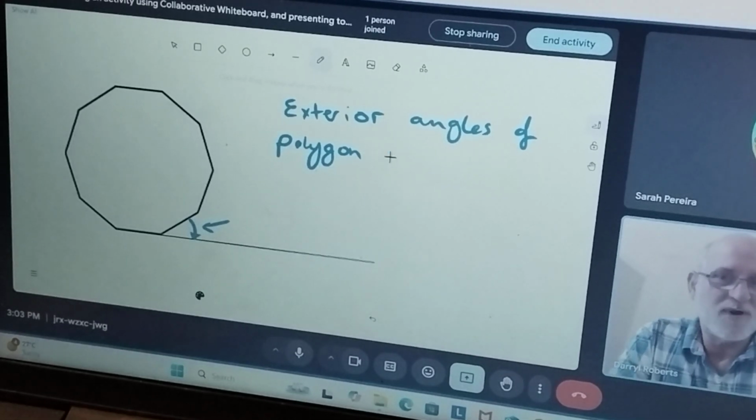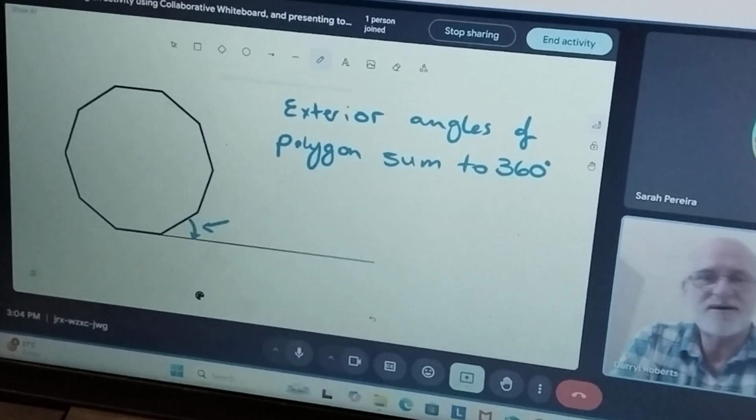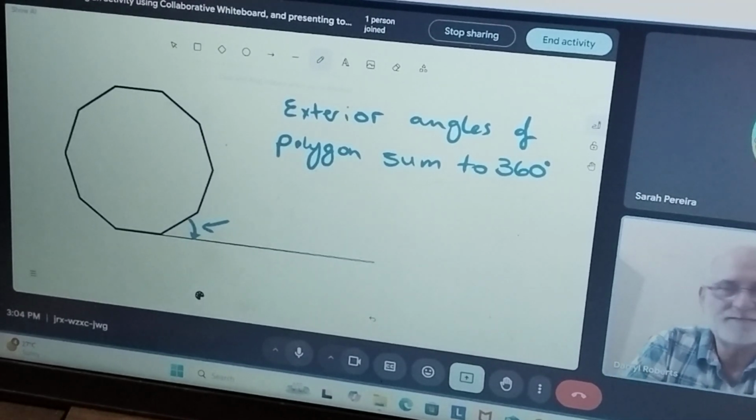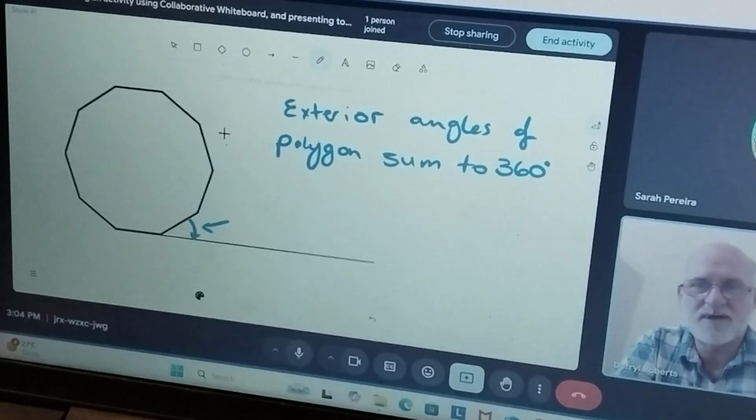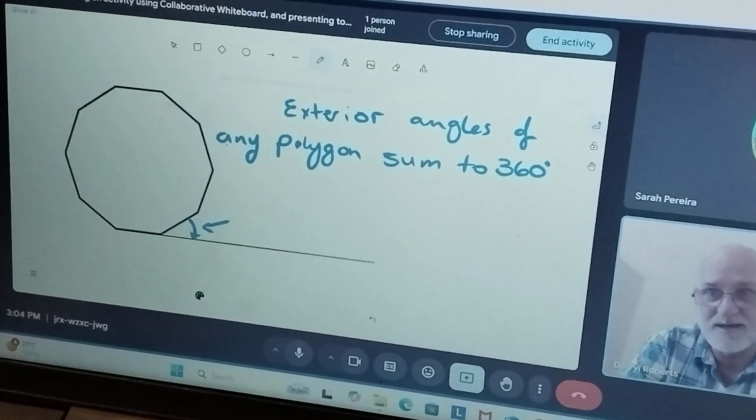They say any polygon sum, you know sum means add up to. So the exterior angles of any polygon sum to 360. It doesn't matter what the polygon is, the exterior angles will add up to 360.